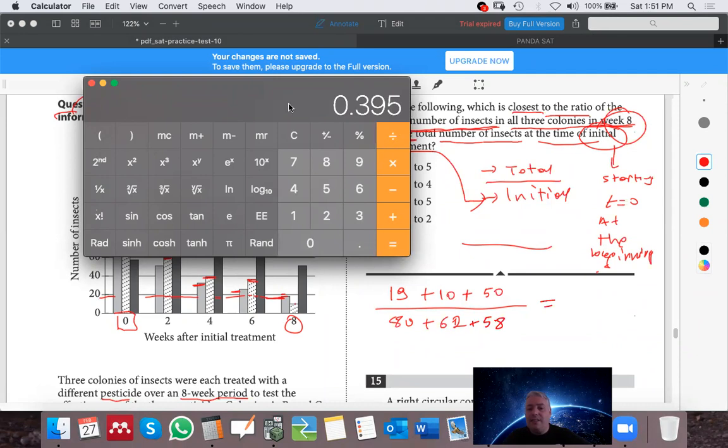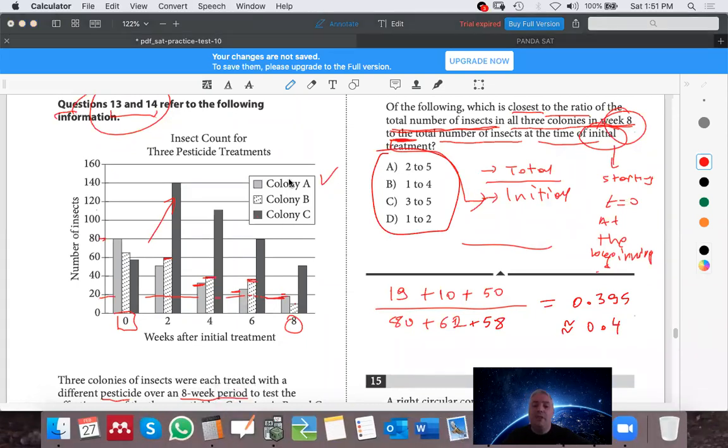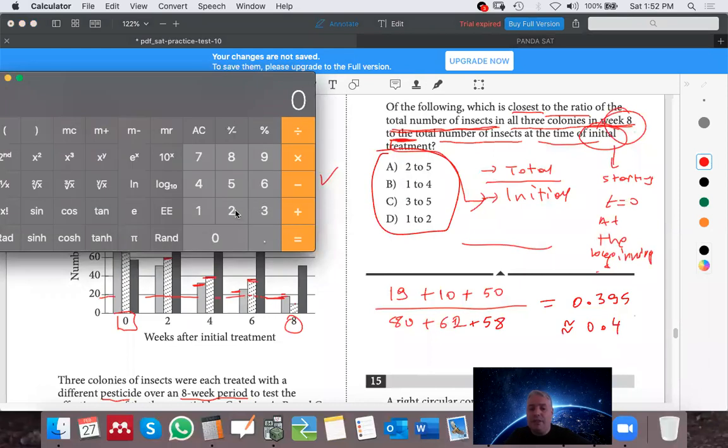0.395. So let us copy down this 0.395. If I round this, 0.4. Now, which one is closest? 2 over 5. Even if you can do it in your mind, it is better to use a calculator. 2 over 5, 0.4. Exactly, we got it, isn't it?